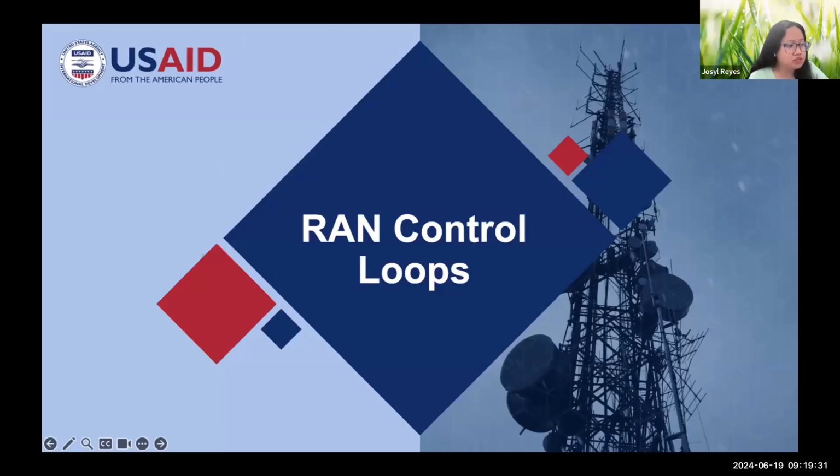So mostly right now, Asia Open RAN Academy is working more on providing practical hands-on activities to really get a more intuitive feel of how the RIC works, how the apps work.